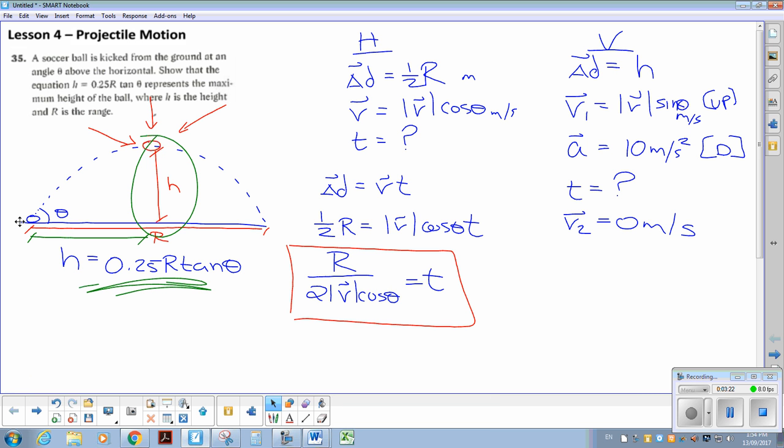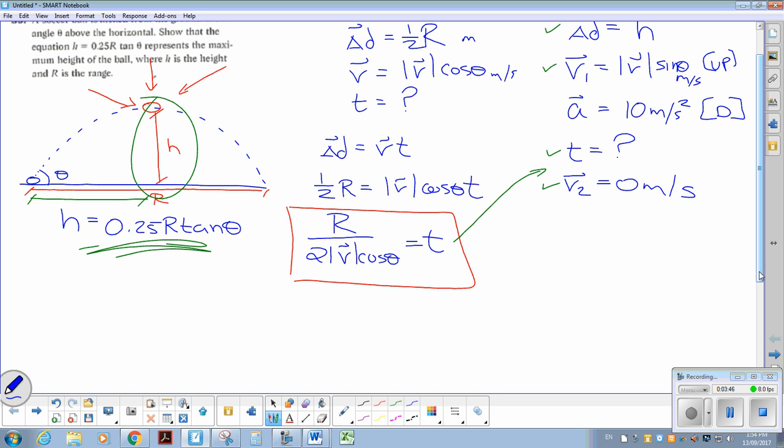So for a split second, V2 is 0, which is nice because I like when V2 is 0. So I want to use V1, V2, D, and the time, because we're going to plug the time in. I need an equation that has all of those.